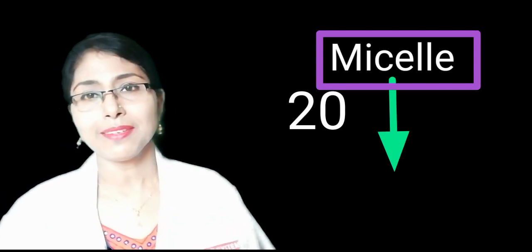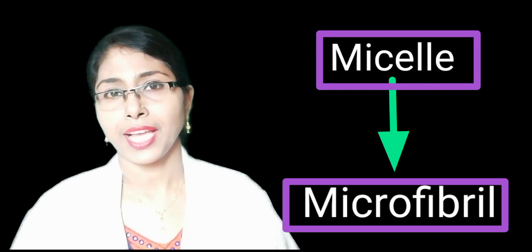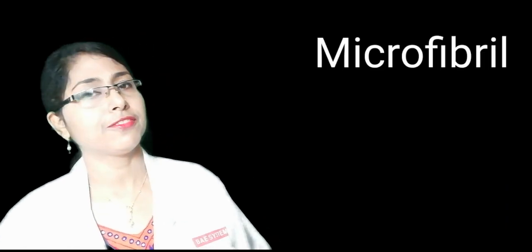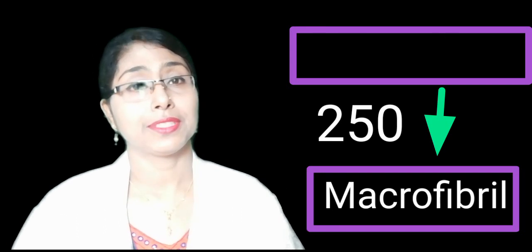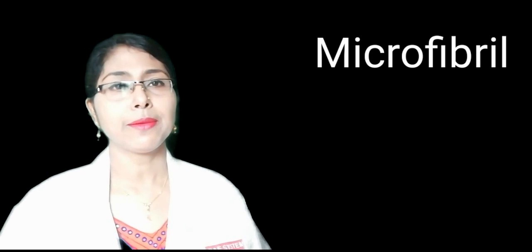Micelle is considered as the smallest structural unit of cell wall. And 20 micelles combine together to form a microfibril chain, and 250 microfibril chains combine together to form a macrofibril. Microfibril makes the structure of primary cell wall.